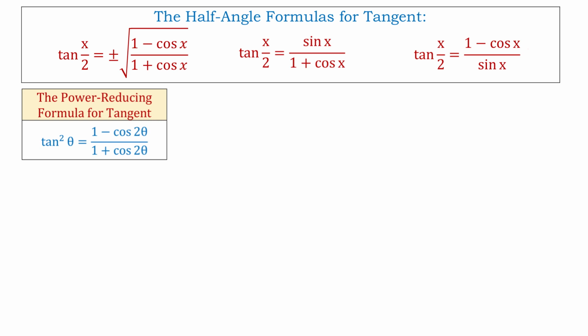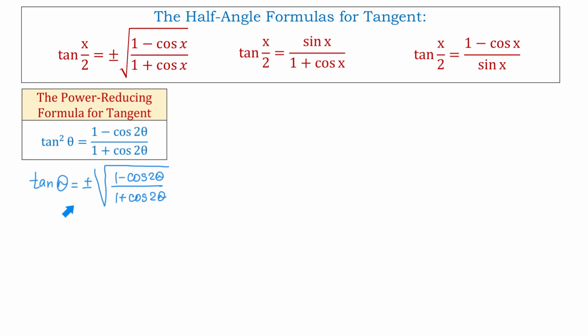If we solve this formula for tangent, then we will have tangent of theta equals plus or minus square root of 1 minus cosine of 2 theta over 1 plus cosine of 2 theta.